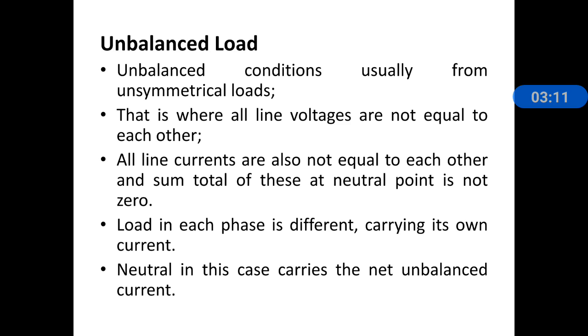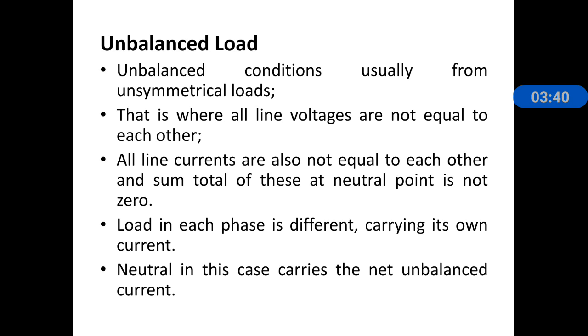That is where all line voltages are not equal to each other. Suppose any two phase voltages are equal and the third one is not equal, that is also unbalanced. Or the three phase voltages are different values, that is also unbalanced. In the current also, three phases carry three different currents, meaning unbalanced. Or two phases carry the same current and the last one carries a different current, that is also an unbalanced condition.